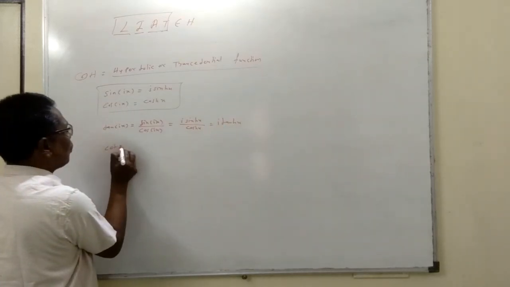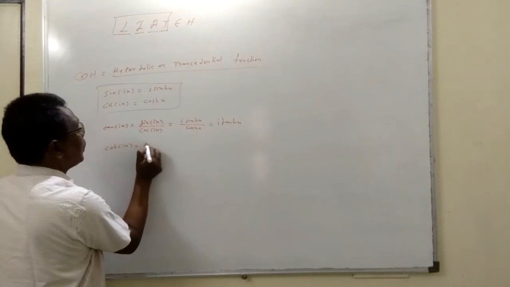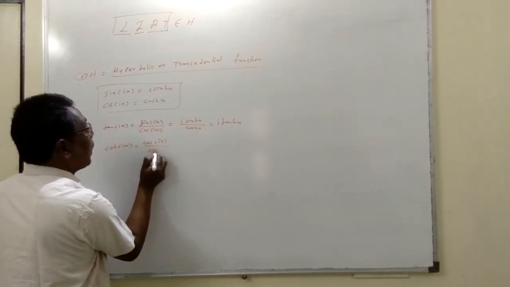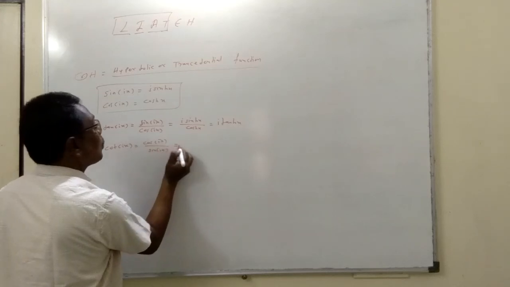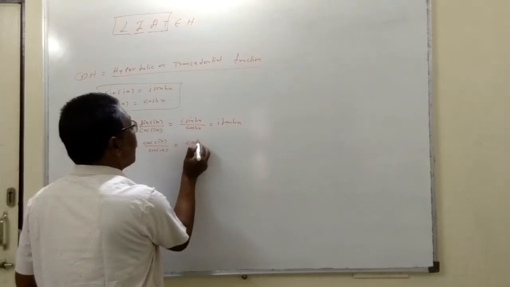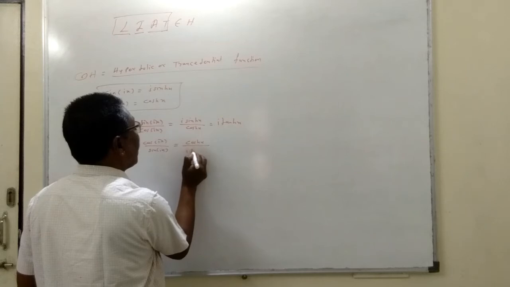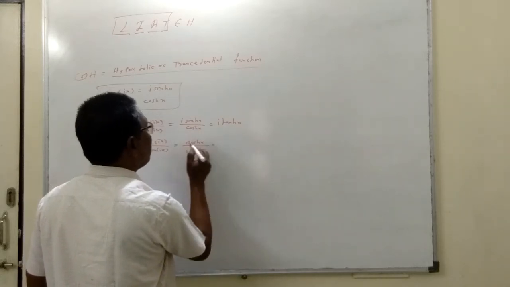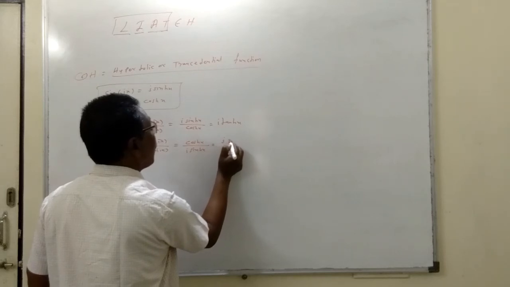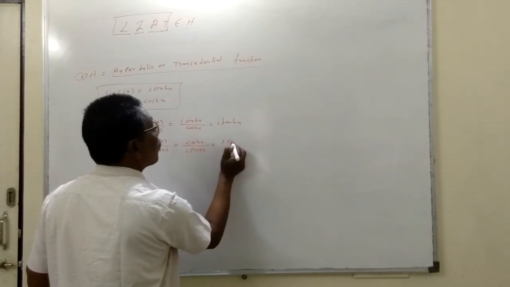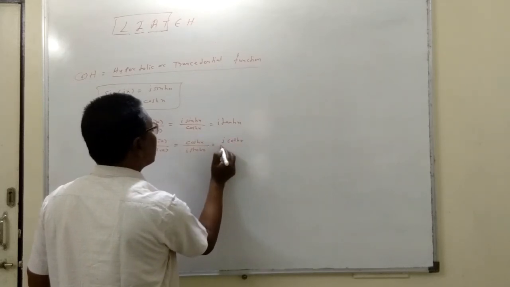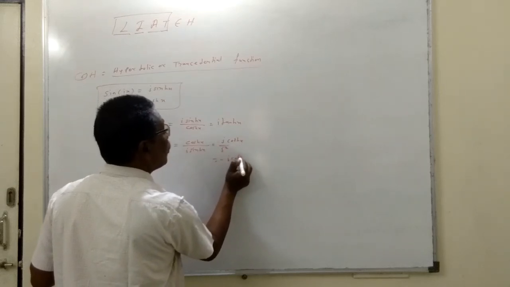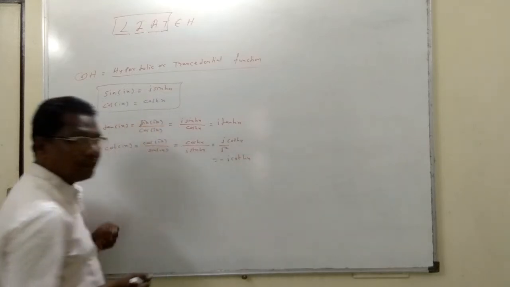Similarly, if you want to obtain cot ix, it is cos ix divided by sin ix, which is equal to cosh x divided by i sinh x. We multiply numerator and denominator by i. So i cosh upon sinh is coth x, divided by i square, which is minus 1. So minus i coth x.